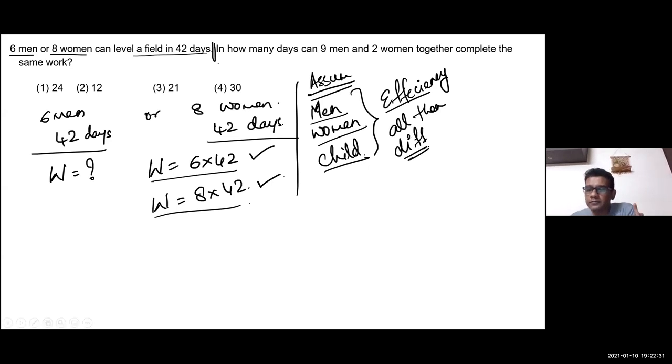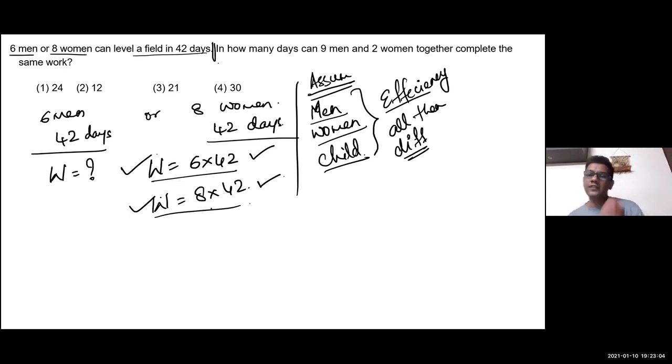Each child has a different efficiency compared to each woman, who also has a different efficiency compared to each man. Did you understand this assumption? Efficiency means the rate at which they do the work. It's assumed that these are different, and that's why we have to consider 2 to 3 different categories. So that's the main reason why work here is 6 into 42 and work here is 8 into 42.